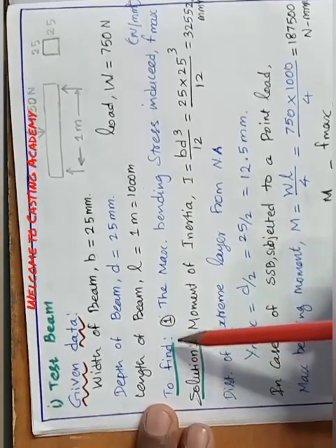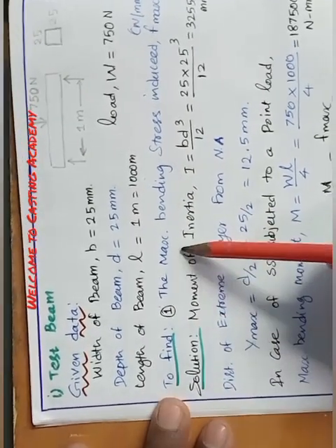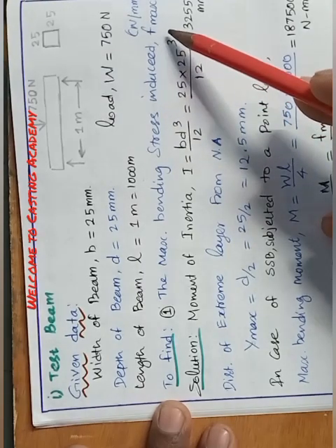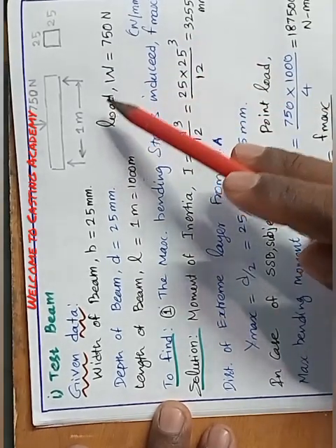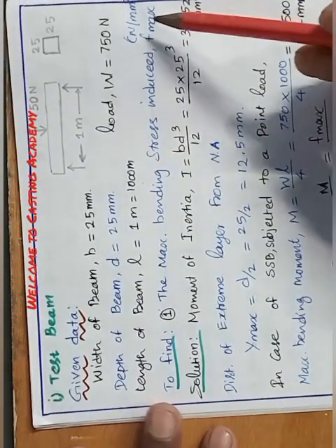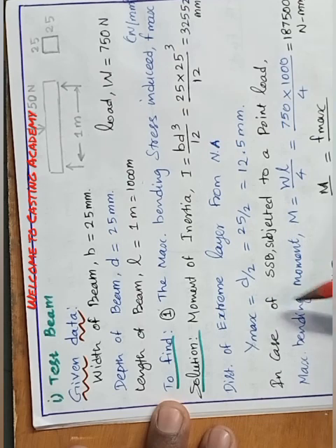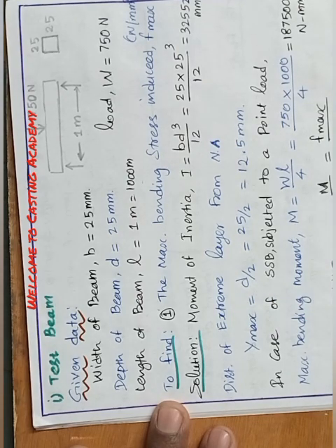To find the maximum bending stress induced F max, maximum bending stress due to 750 Newton load, that is in Newton per mm square. The solution is, you know, M by I equal to F max by Y max.